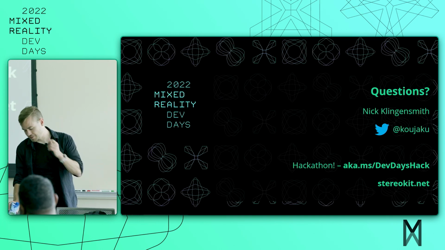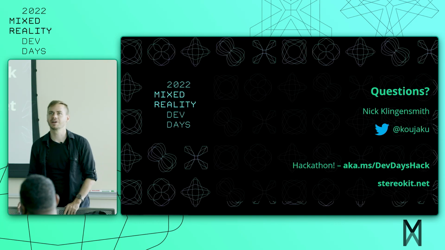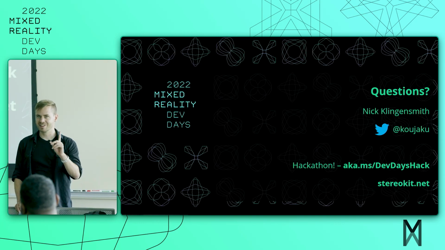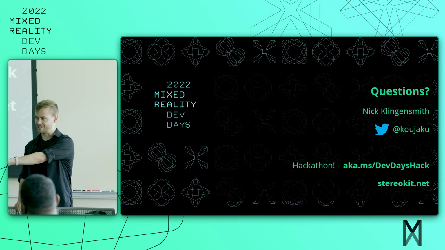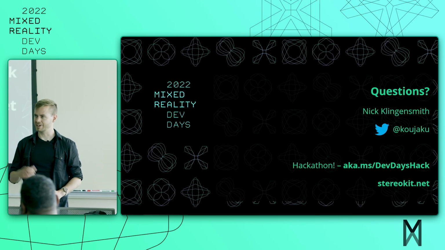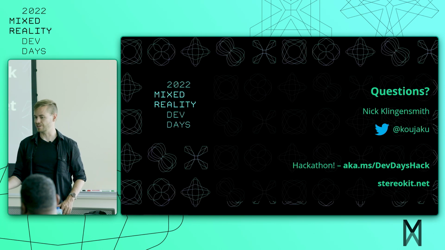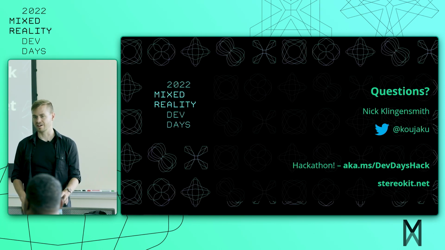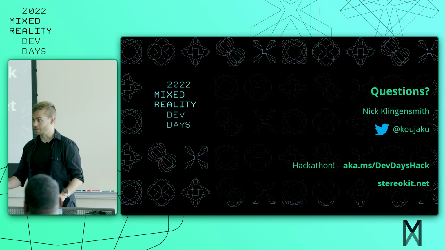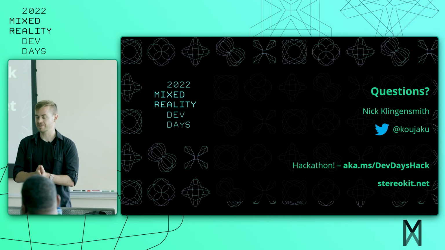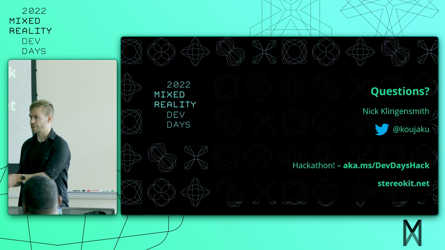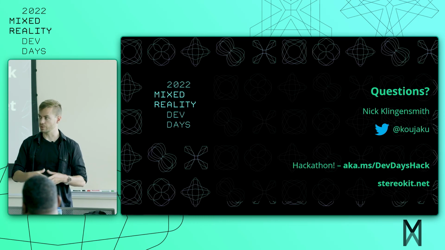Are there projects I know of that are built off of StereoKit currently? I'm going to point to Jumbly's Idea Engine, which is mind mapping stuff. There's Stardust, which is a Linux operating system shell for mixed reality. But I will also say, a lot of the stuff that I've seen people build with StereoKit is more like research projects.